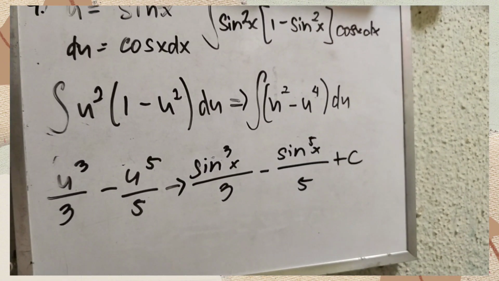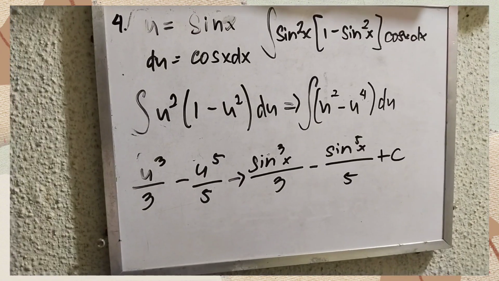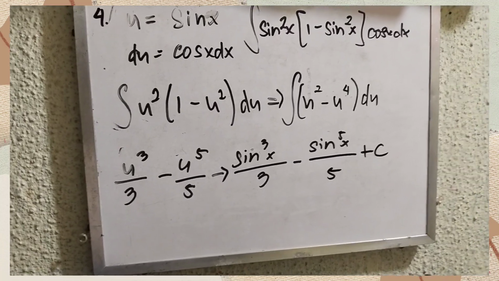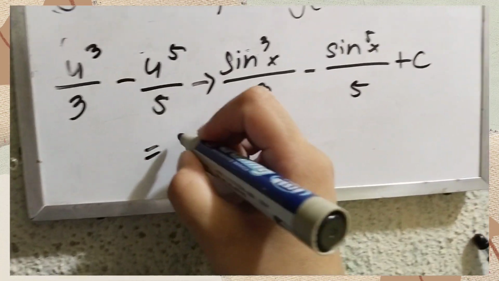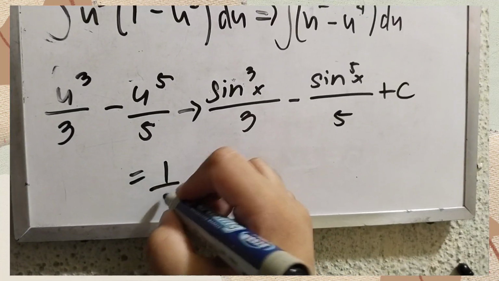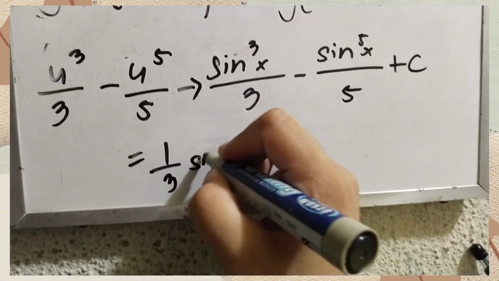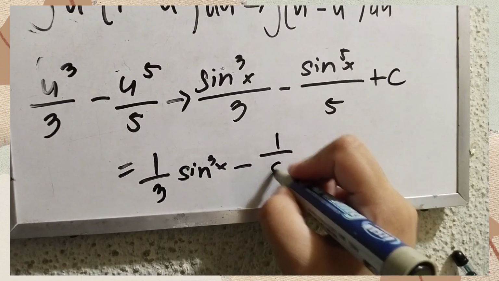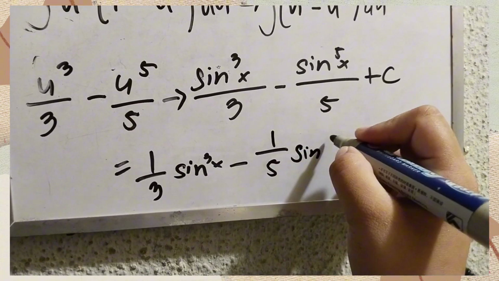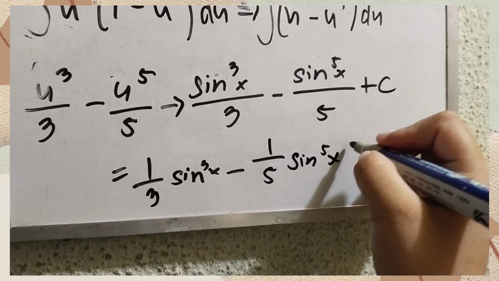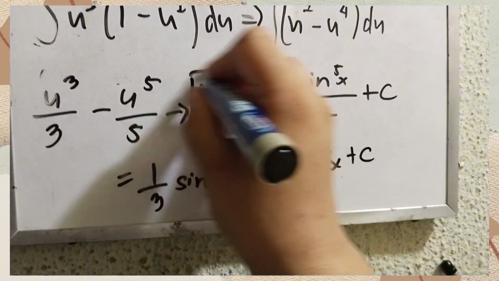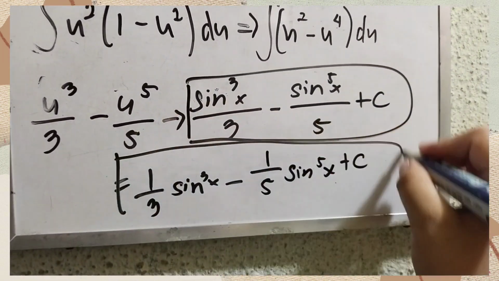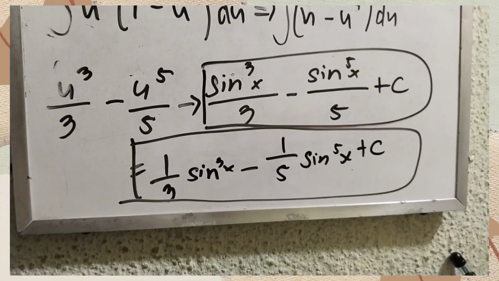Or we can write it like 1 over 3 sine cubed x minus 1 over 5 sine to the fifth power x plus c. So either way, these are the answers.